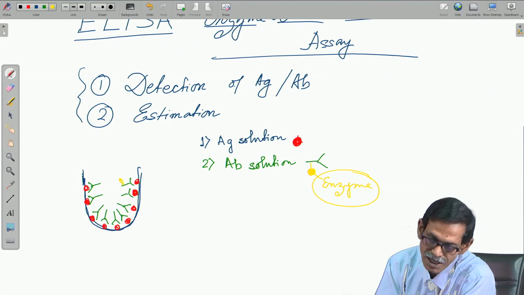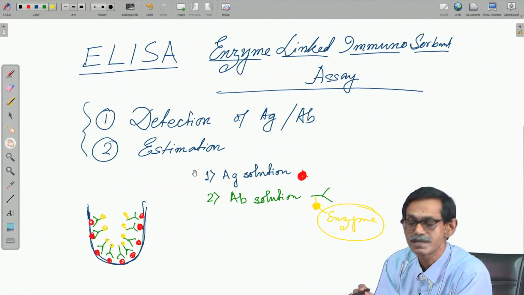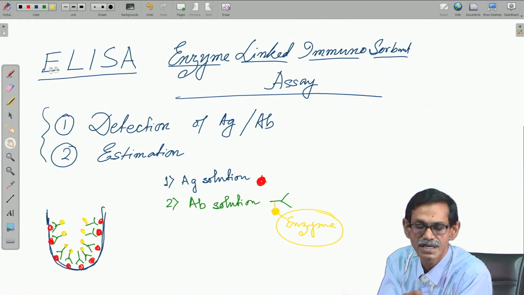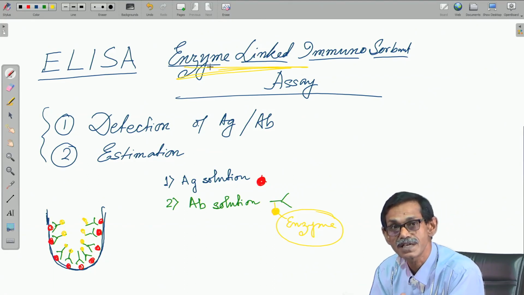So every antibody has this enzyme attached. That is why the name is enzyme linked: the antibody is attached to an enzyme.